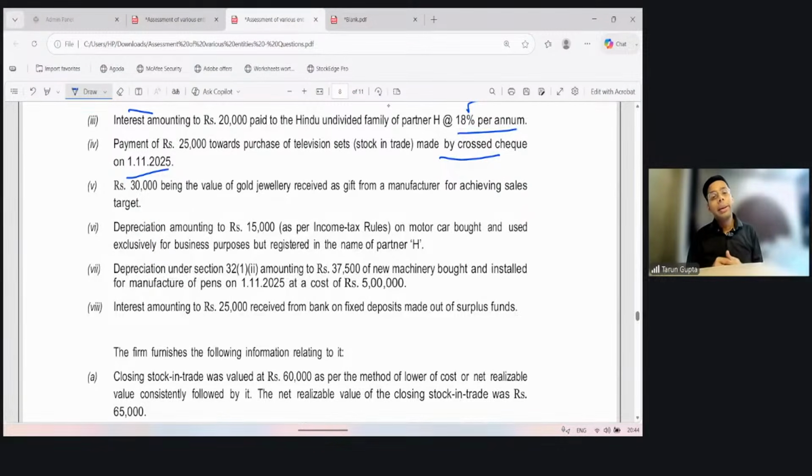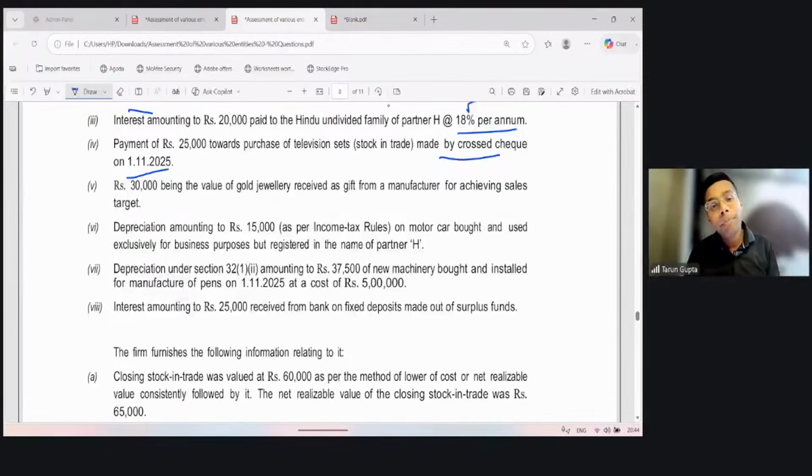In depreciation, we see the beneficial owner. So even if the registered owner is H, the beneficial owner being the firm is eligible for depreciation. Again, no adjustment. They have debited 15,000, they should have debited 15,000. The fact that the motor car is in the name of a partner doesn't disqualify a firm from claiming the depreciation.